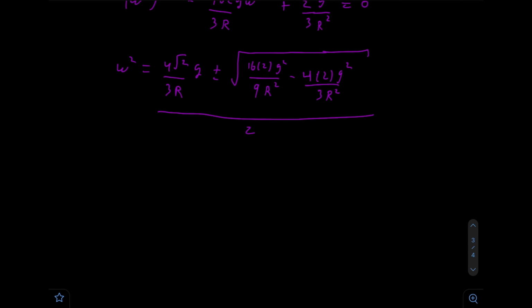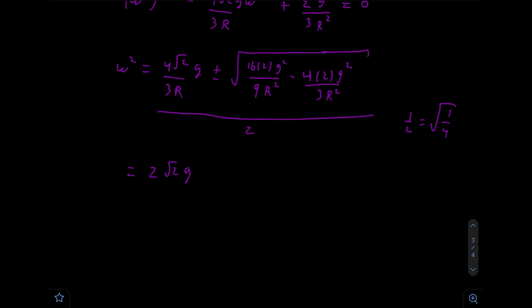So let's simplify this by bringing the 2 inside the radical, in which case, right, 1 over 2 is equal to the square root of 1 over 4, so we can bring that inside the square root.